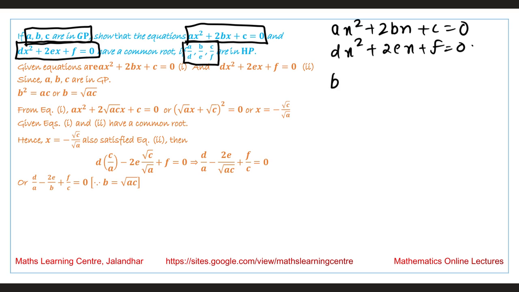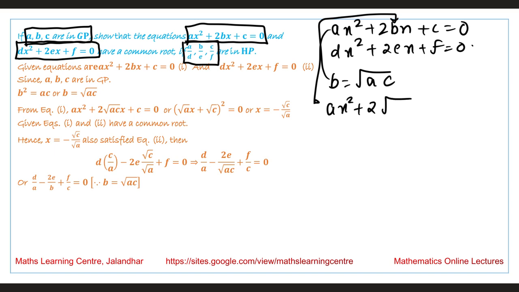So it means b is equal to the square root of ac. You can substitute this value here, so the equation becomes ax² + 2√(ac)x + c = 0. If we write this as a whole square, it is (√a x + √c)² = 0.